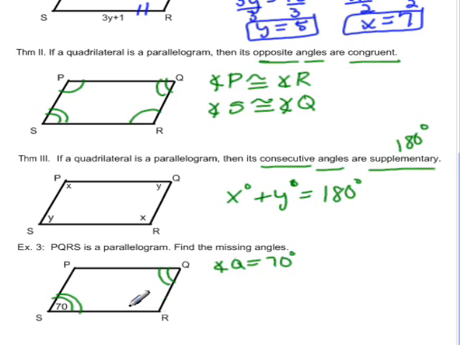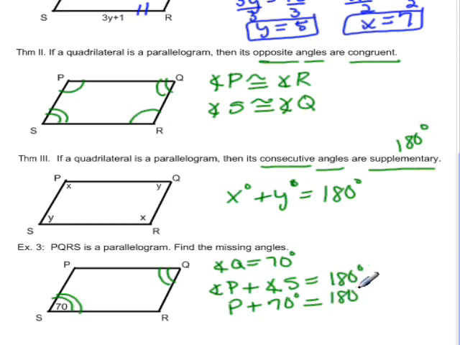But we still can find them because we've learned theorem 3, that consecutive angles are supplementary. So we know that angle P plus angle S equals 180 degrees. Since we don't know P, we'll say P plus 70 degrees equals 180 degrees.